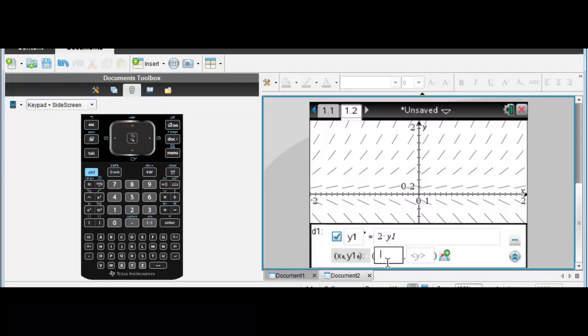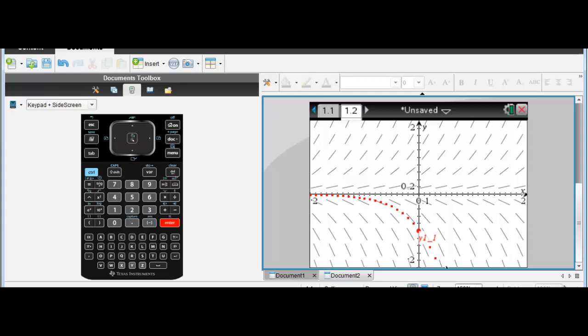So let's say we want to go through (0, -1), and you specify that, and you can see now that this curve is the original function. It goes through the point (0, -1).